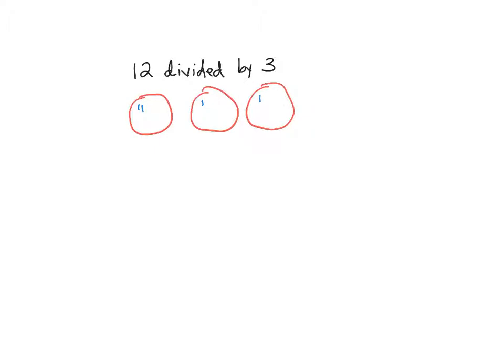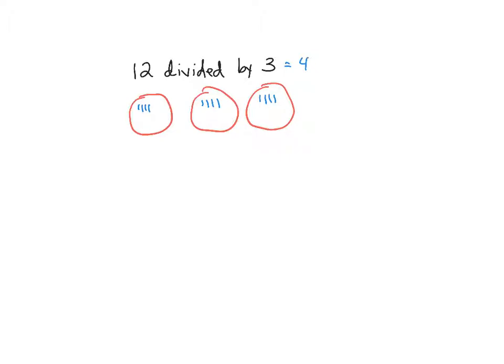I'm going to put 1 more, 4, 5, 6, another set of 3, 7, 8, 9, and then finally another set of 3, 10, 11, 12. 12 divided by 3 just means, well, how many need to go in each group? And obviously that answer is that I need 4 things in each group.